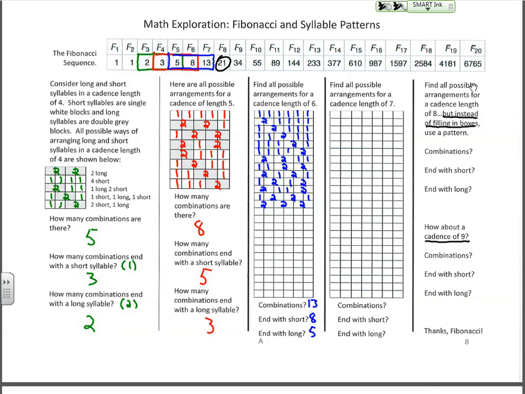Okay. Now, I said earlier that Fibonacci is very much embedded in nature and art and music. A composer who is writing a work in 4/4 time, those of you that are familiar with music or band, that cadence of 4, say with half notes and quarter notes, would be an example of all the different ways you could arrange them in 4/4 time. This one might be 5/4 time. This one might be 6/4 time or 3/2 time, right?